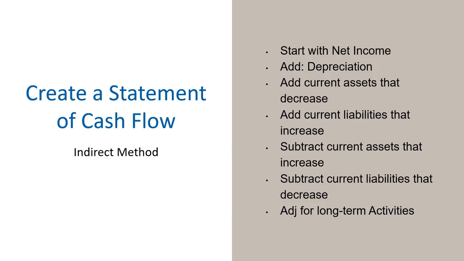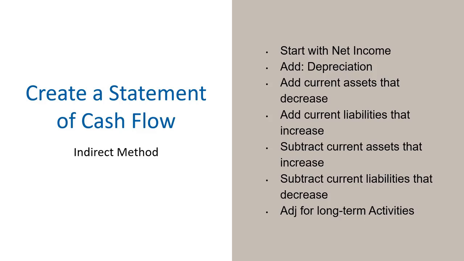I start with a net income, and a statement of cash flow is as of a particular period in time. And the cash agrees with your balance sheet. So I start with a net income. I add depreciation. Why? Because depreciation does not result from cash flow. So I add it back to my income statement.